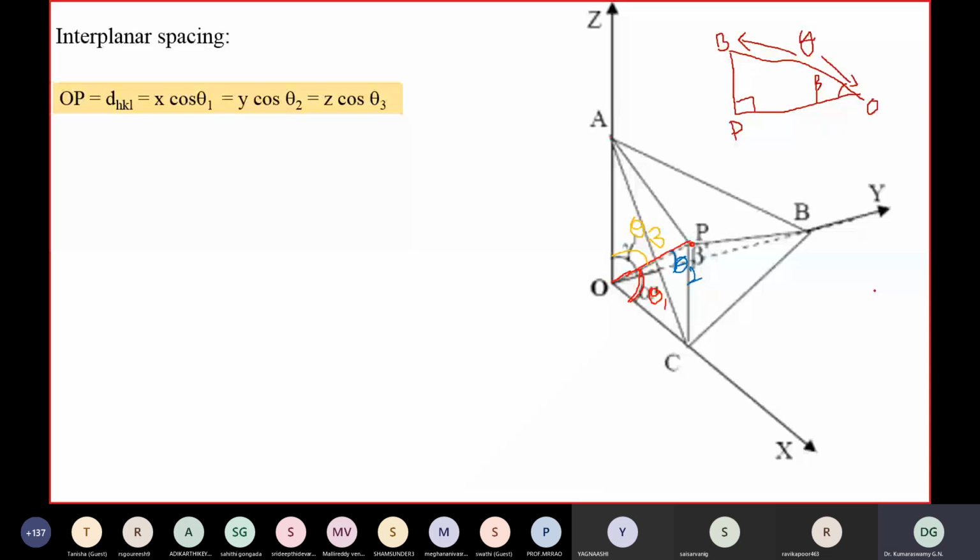The line OP is perpendicular to the plane ABC.